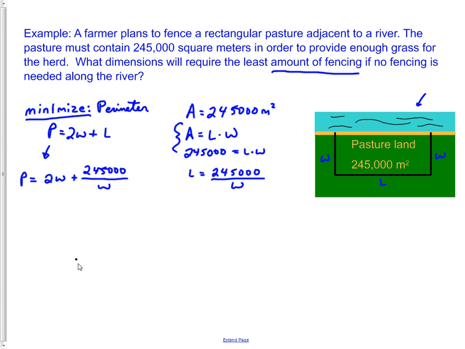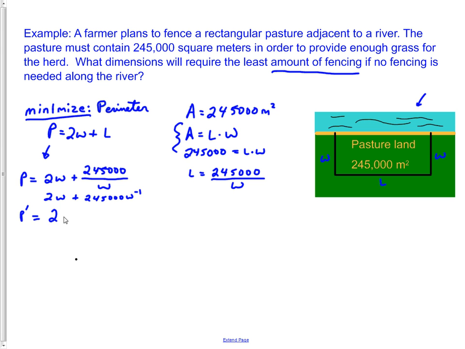Well, this is the function that we're going to have to find our derivative of in order to make this work. So now we're going to have to find p prime. So let's see, how do we treat this? Well, this is 2 times w. The derivative of 2 times w is just 2. 245,000 over w is the same thing as having w to the negative first, right? If we wanted to rewrite this one more time, we could have said 2w plus 245,000 times w to the negative first power.